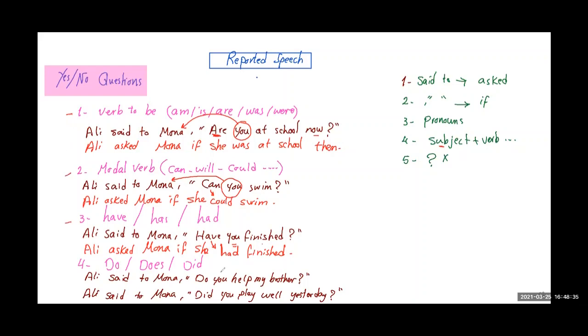After that, I use the verb to be in the first one, the modal verb in the second one, and have, has, and had in the third one. But with number four, we have another idea.